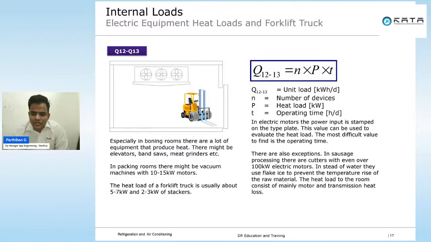Say we have 5 motors of 0.5 kilowatt each, so 5 into 0.5 kilowatt, which is 2.5 kilowatt. Then P is the heat load. So 5 motors are there, one forklift is there, and then a vacuum machine is there. Each and every equipment you have to take, multiply the number of devices with the heat load, and then multiply with the time. So this will give you the heat load.